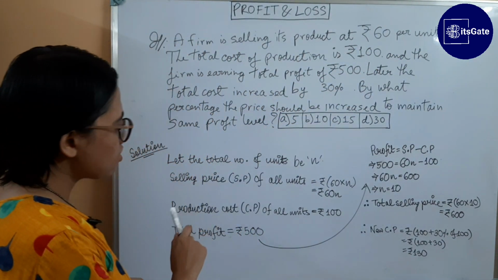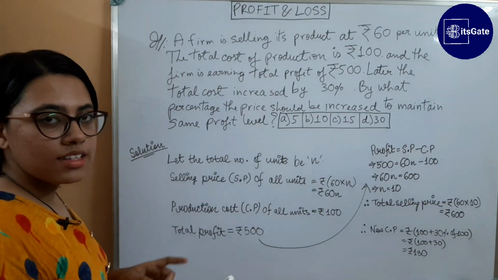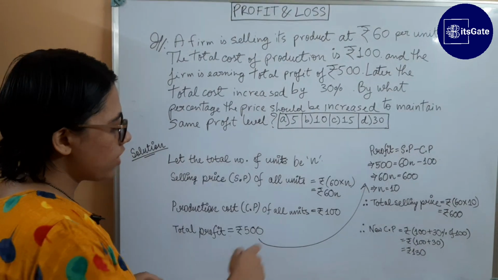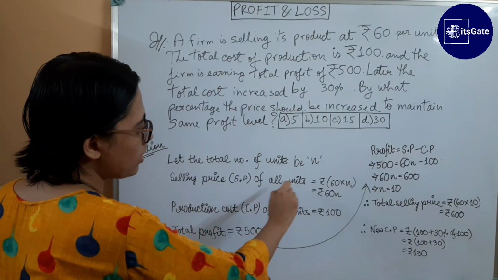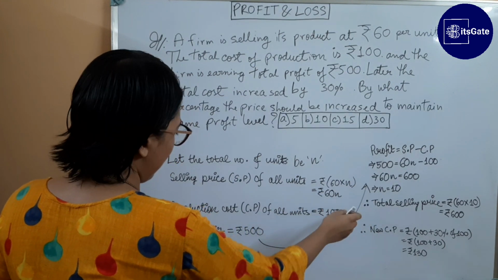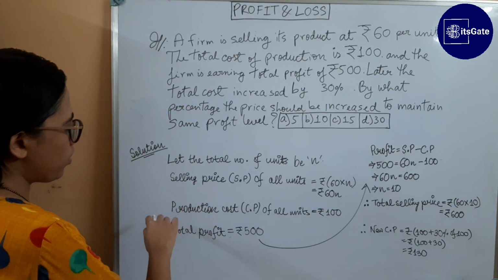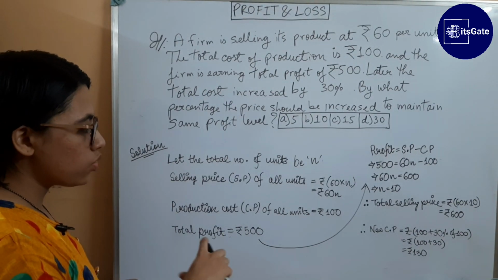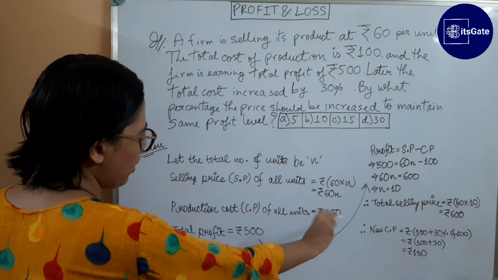So the selling price of all the units will be the selling price of one unit multiplied by the number of units. So we have taken the selling price of all units as rupees 60 into n, that is rupees 60n.